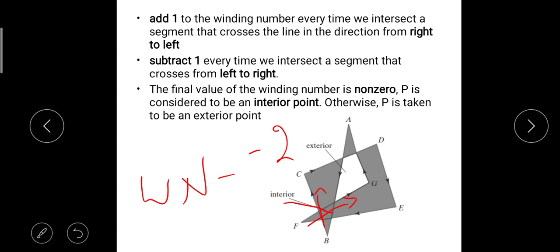If the direction is from left to right, then you need to subtract 1 from the winding number. Finally, check the value of the winding number. If it is non-zero, then treat the region where point P belongs as an interior point, and if it is 0, then treat it as an exterior point. So this is how we identify if the particular region belongs to the polygon or not.